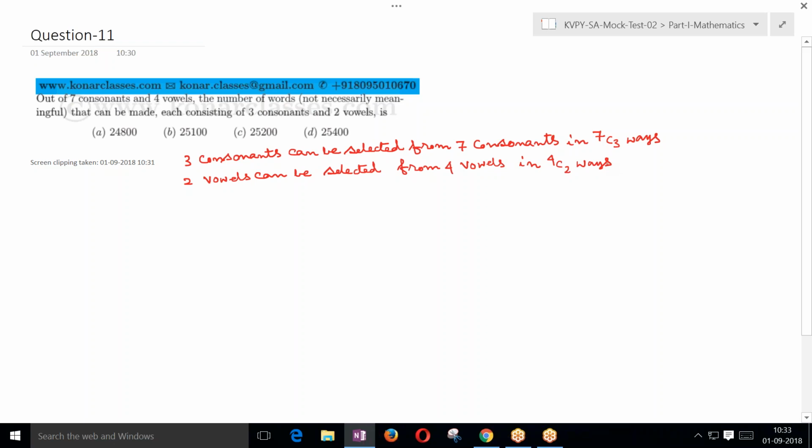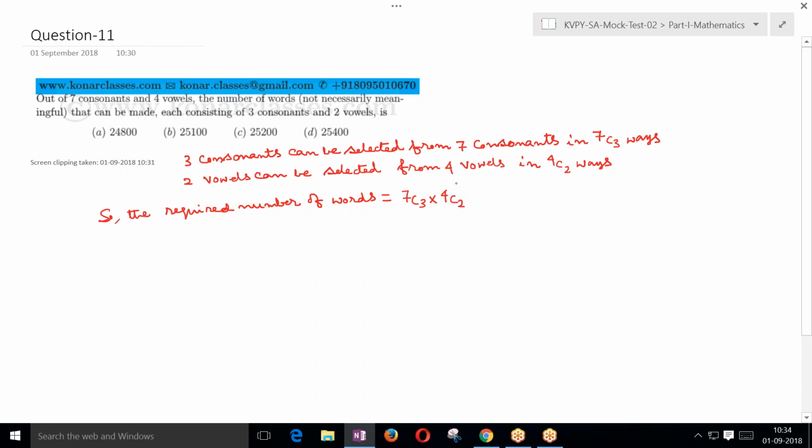Now, using the principle of multiplication, the number of ways we can select the 3 consonants and 2 vowels will be 7C3 into 4C2 ways. So the required number of words is equal to 7C3 into 4C2.